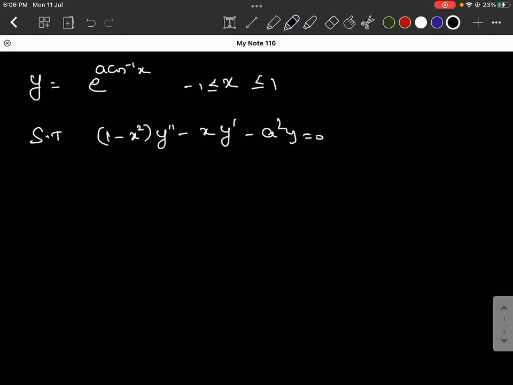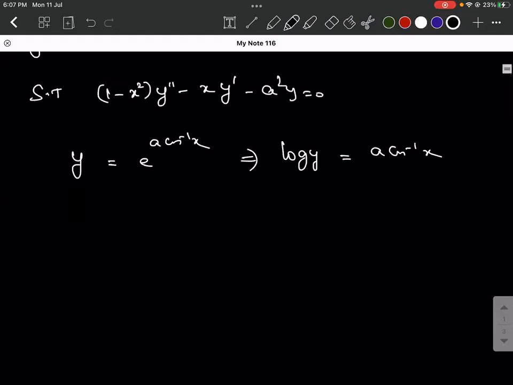So one thing, if you directly start differentiating, you will get stuck. First step, y is equal to e power a cos inverse x. You take log on both the sides in the first place. So log y is equal to a cos inverse x.